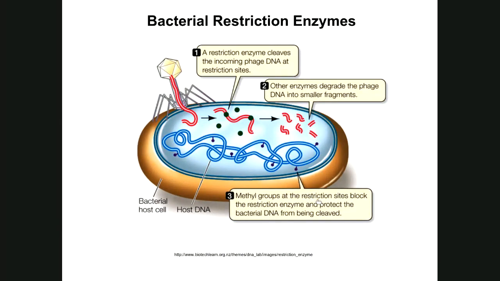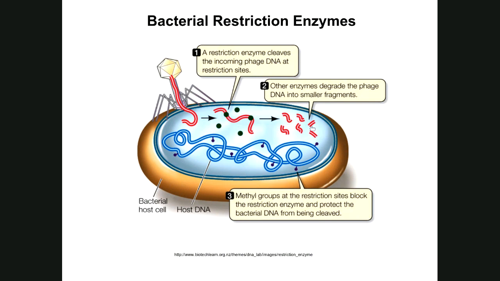Scientists discovered that the way these enzymes recognize DNA is by reading the bases in the double-stranded DNA and recognizing certain combinations of bases. When they see these combinations, the restriction sites, the restriction enzyme will bind to the restriction site and simply cut the DNA.